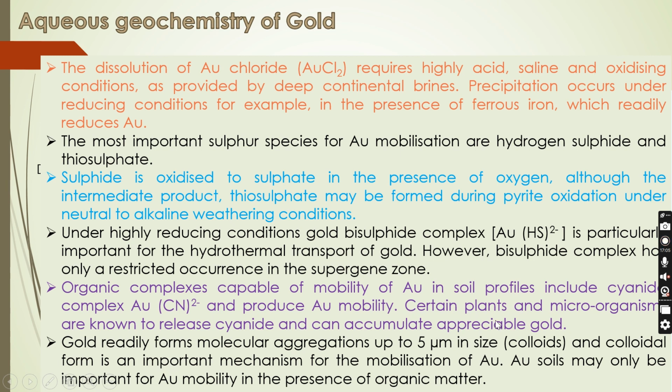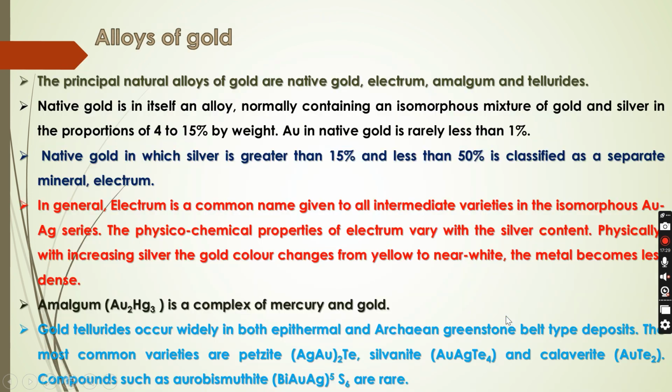Apart from that, certain plants and microorganisms are known to release cyanide and can indirectly help in accumulating gold. Gold readily forms molecular aggregation up to 5 micrometer size, that is colloidal size. So colloid form is an important mechanism for the mobilization of gold.